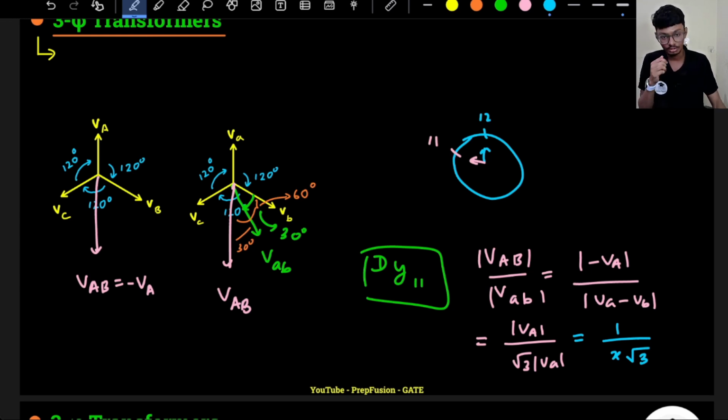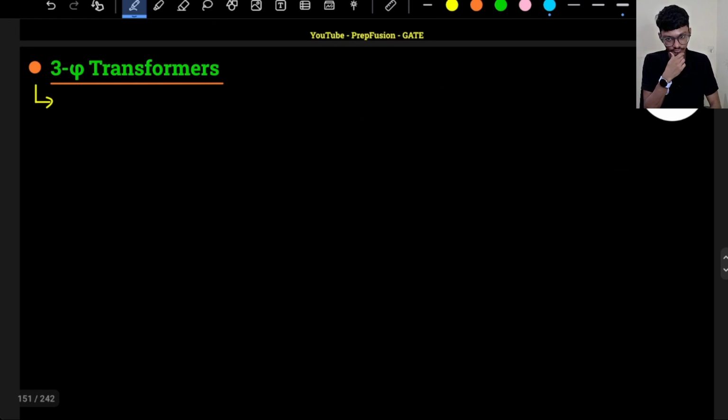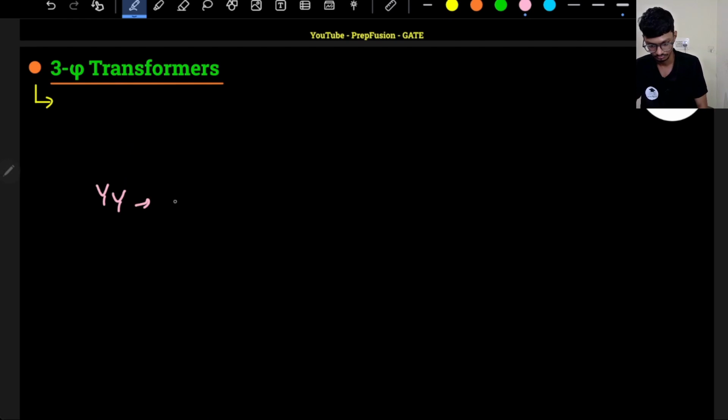Now let's come to another kind of connection known as zigzag connection. I know my star to star connection has a phase shift of 0 degrees. My delta to delta connection also has a phase shift of 0 degrees. This provides either 0 degree or 180 degree.